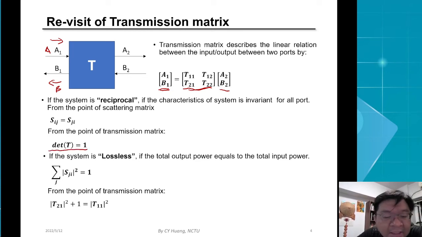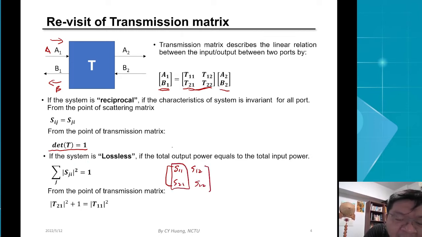All right. Second, if the system is called lossless, that means the total output power should be equal to the input power. So from the point of view of the scattering matrix, each column of the scattering matrix, for example S11, S12, S21, and S22, has a modulus. The modulus means that we take the square of every term in the same column, so the squares should sum to 1.